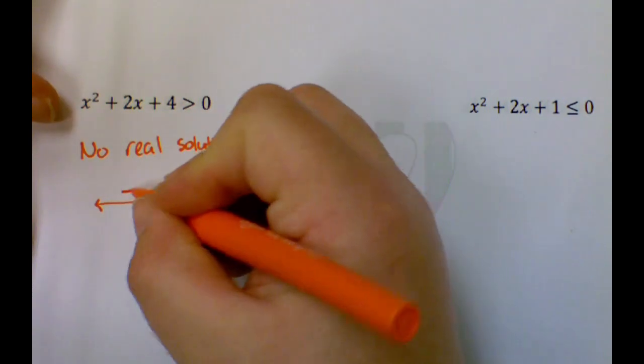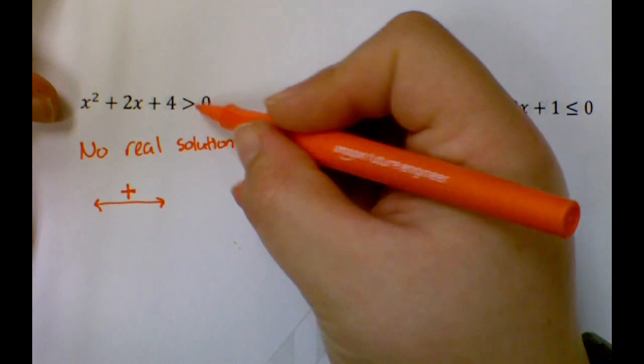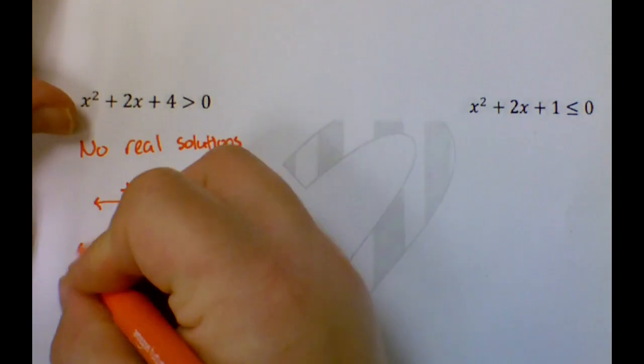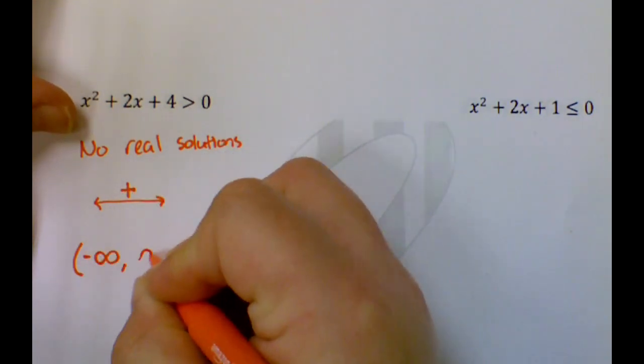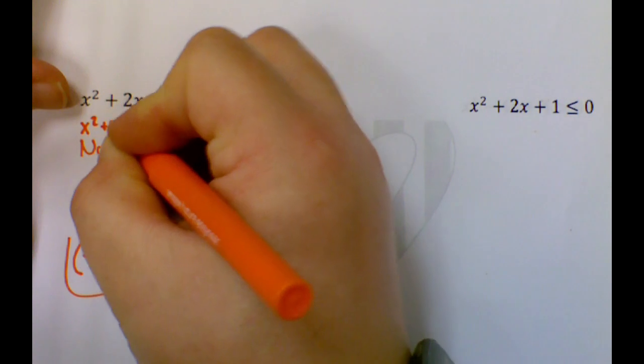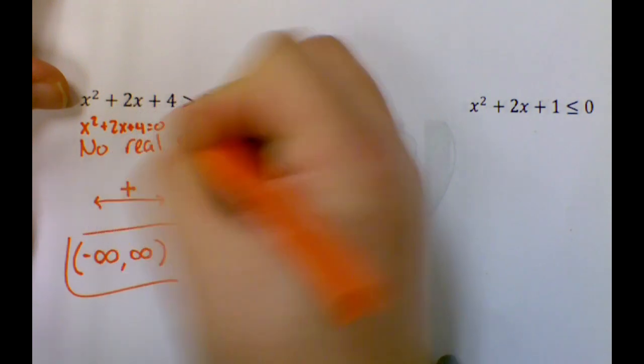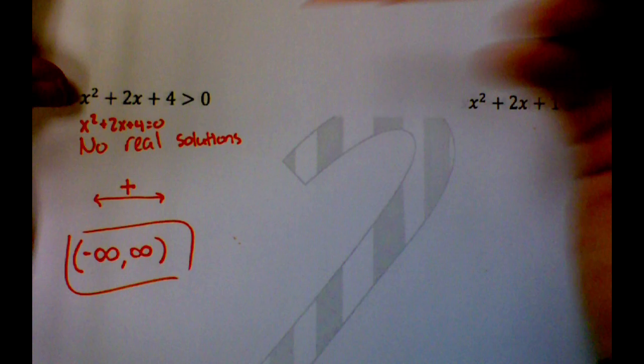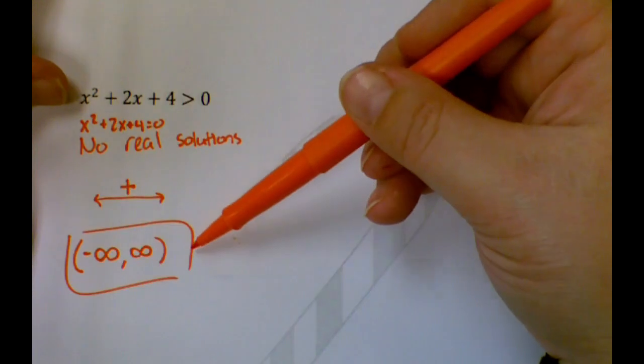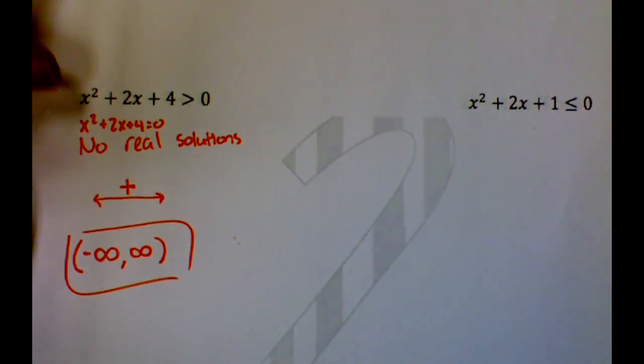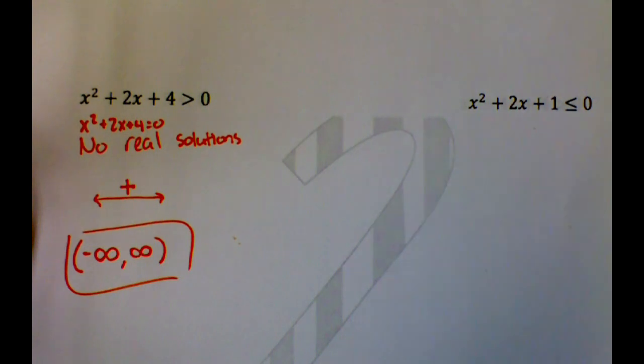If I plug in 0, I get a positive. Well, positives are greater than 0, so my solution is actually everything. So there are no real solutions to x squared plus 2x plus 4 equals 0. That has no real solutions. But the solution to the inequality is all real numbers. So that's one special case for us.